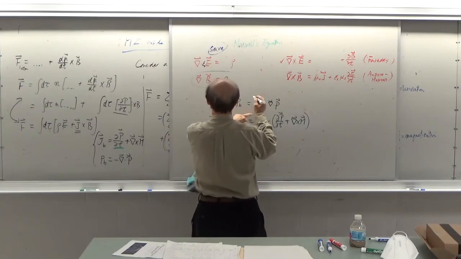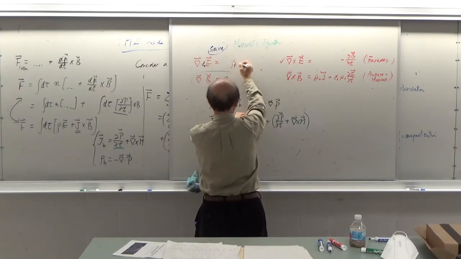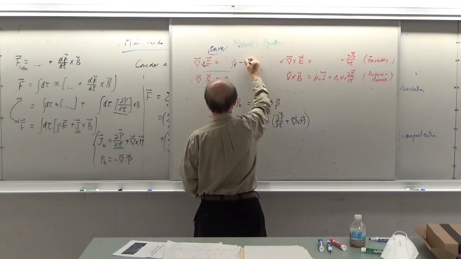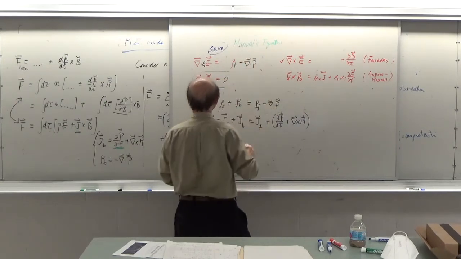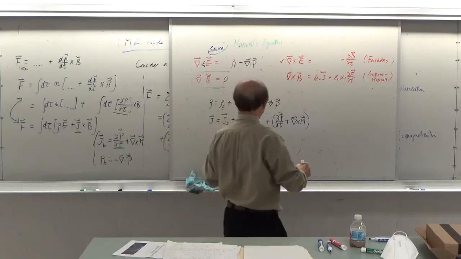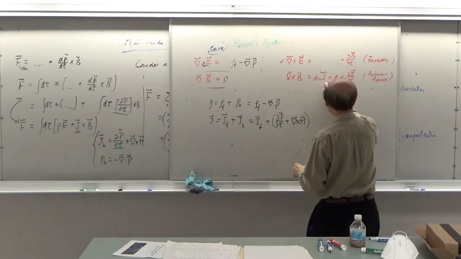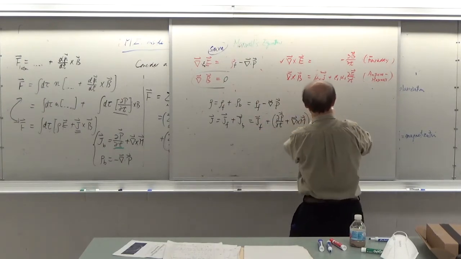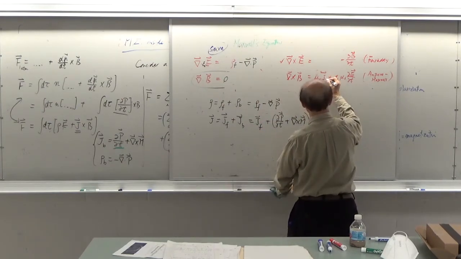So rho sub f minus divergence of P. And okay, so this equation J is given on this one, so this will be replaced by J sub f.